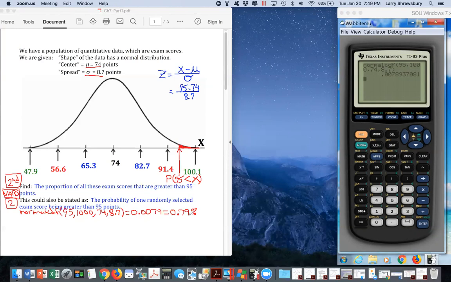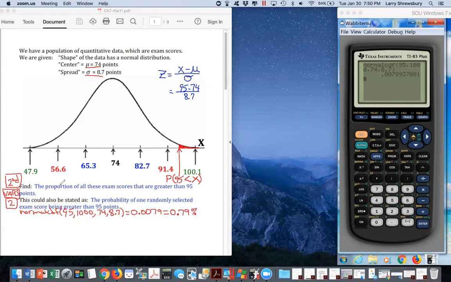Okay. So that's what you do, is once you get the answer, you've got this notation. When you've got the notation, be able to put this into words. How do you put it in words? Well, we'll say that there's a 0.79% probability of one randomly selected exam score being greater than 95 points.